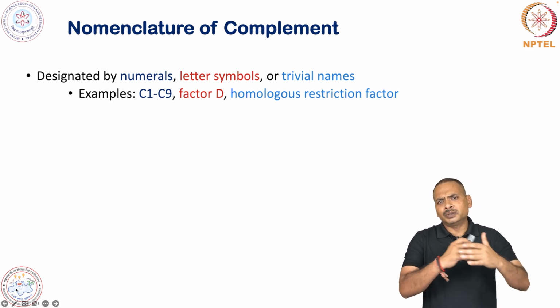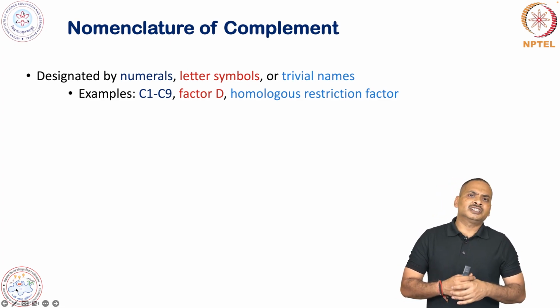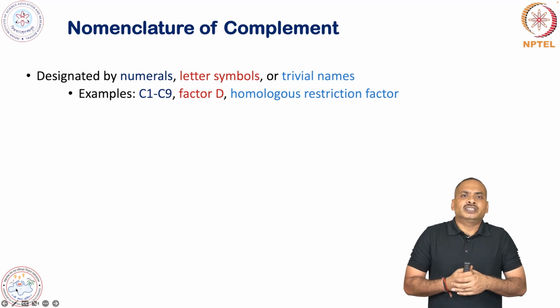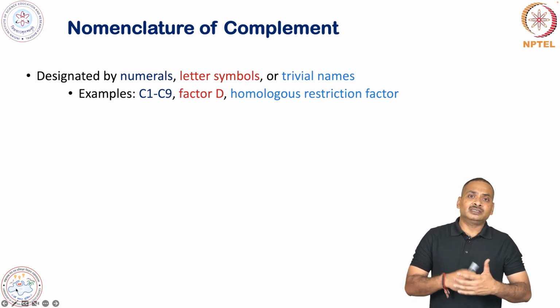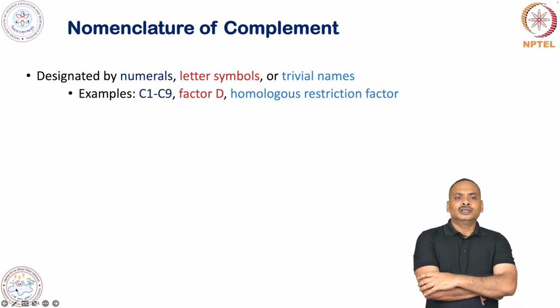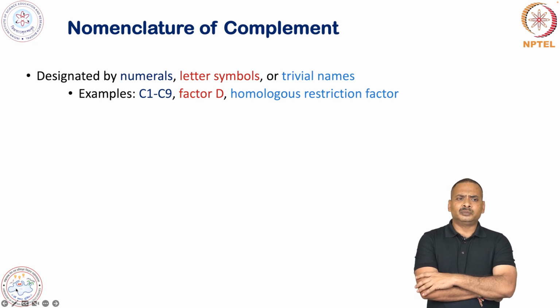Some complement names are also trivial names, for example factor D and factor B. So this is the first step in complement.